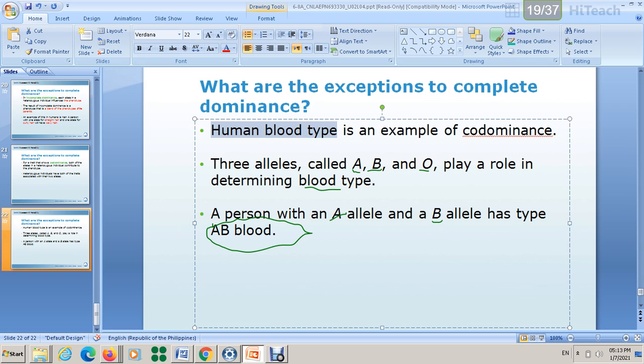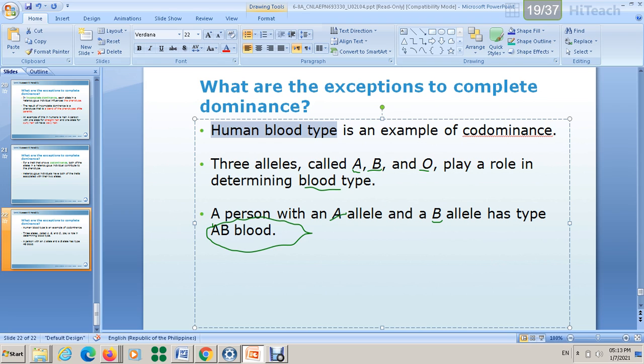A person with one A allele and one B allele will have red blood cells coated with A antigen. What does that mean? To understand it, we said there are three alleles for blood: A, B, and O. These alleles are responsible for producing small particles on the surface of red blood cells.